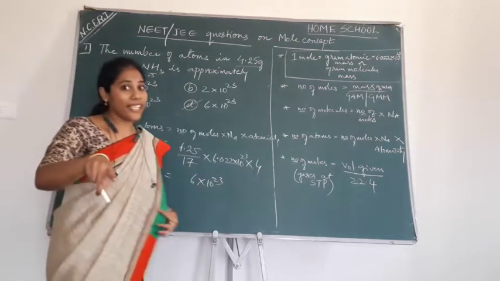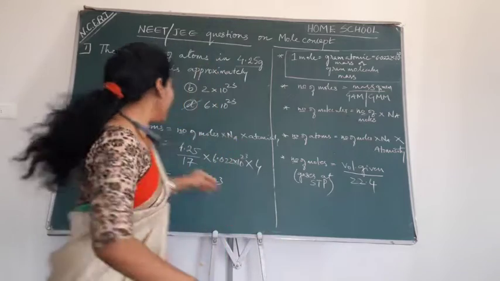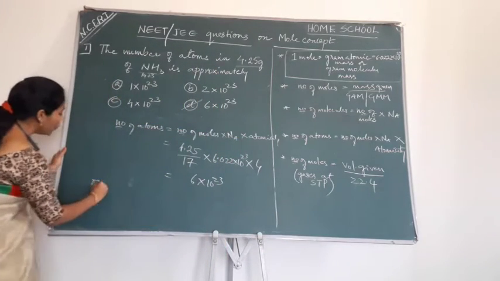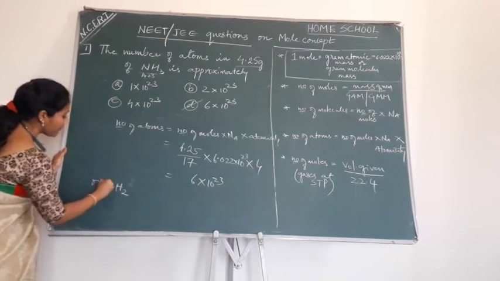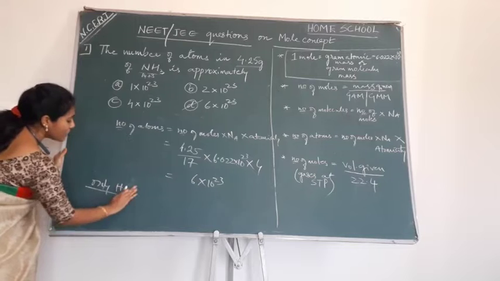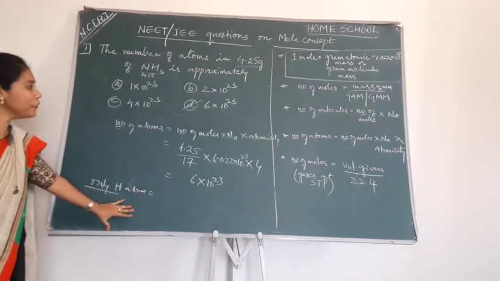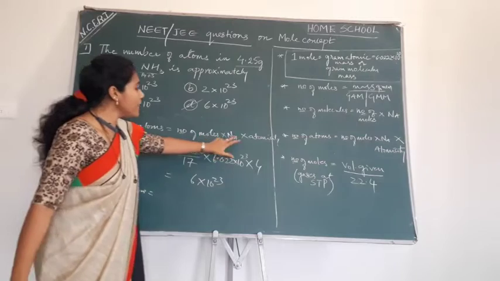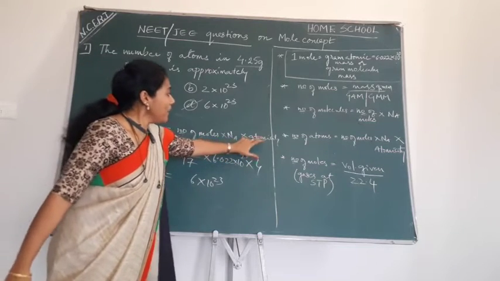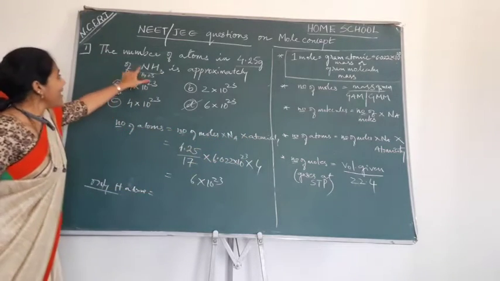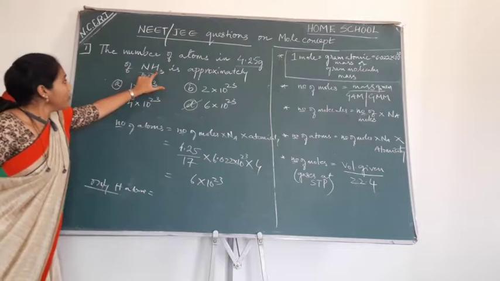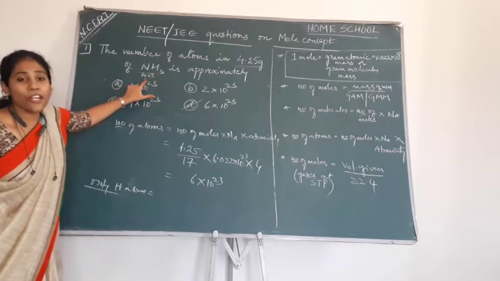And here variation can be there in a question. If they have asked only hydrogen atoms to calculate, then what formula do you use? Same thing, number of moles into Avogadro number into atomicity. How much do you take? They have asked only hydrogen atoms. So how many hydrogen atoms are there in the formula? 3, right?